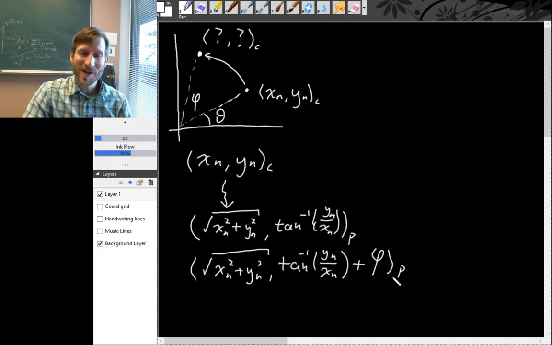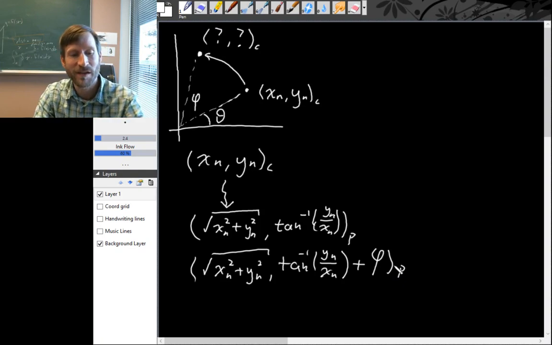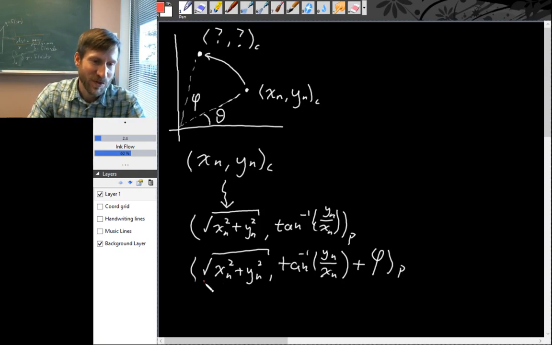But remember, we need the rotated point in Cartesian coordinates so that the computer can actually draw the new point. So just to abbreviate things, this r value here, let's call that r sub n, the r coordinate for the nth point. And this inverse tangent of y sub n over x sub n, that's really theta sub n. And we're adding phi to that.